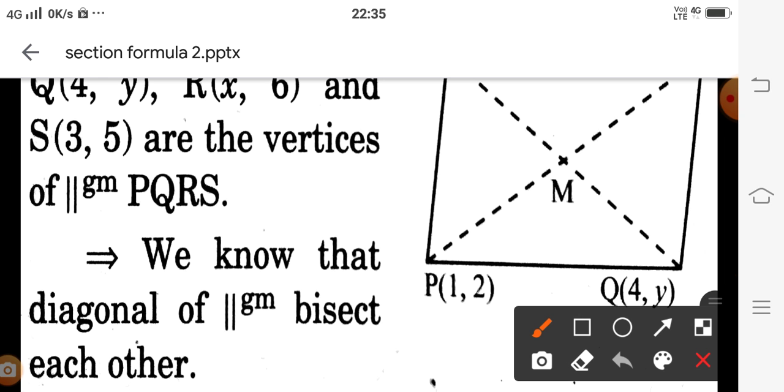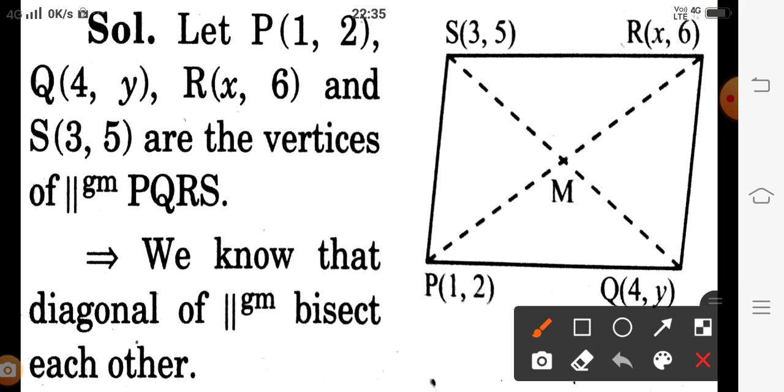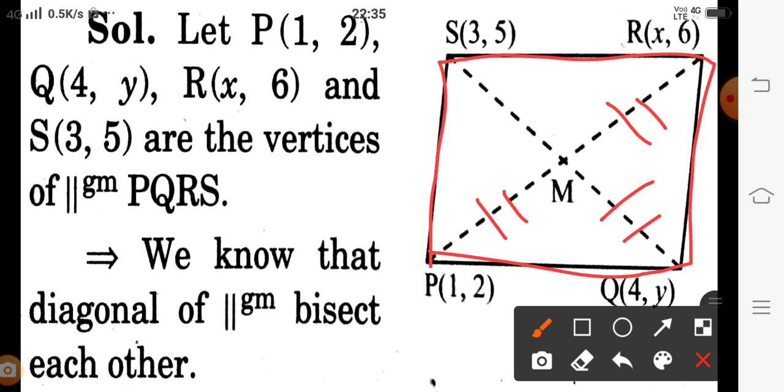Then what does it mean? It means, about the parallelogram, this we know. If you are observing the diagram here, then PQRS is a parallelogram, and if the diagonals bisect each other, it means that PM is equal to MR and QM is equal to MS. Means M is the midpoint of QS and M is the midpoint of PR.